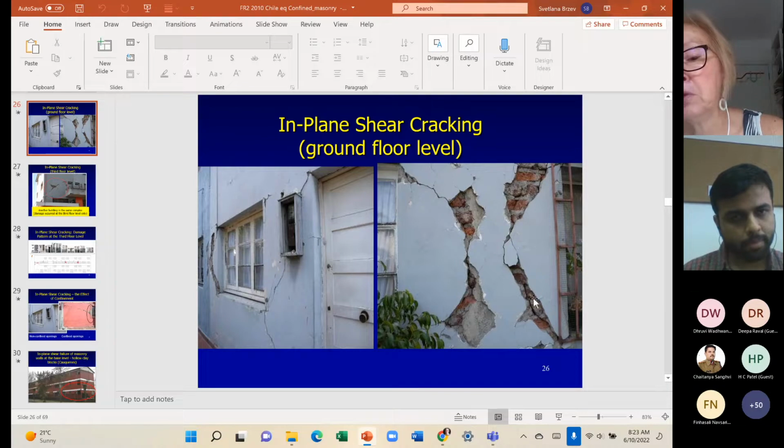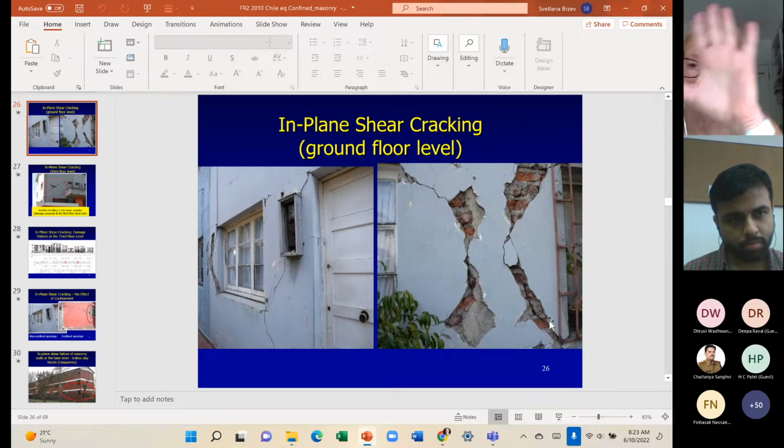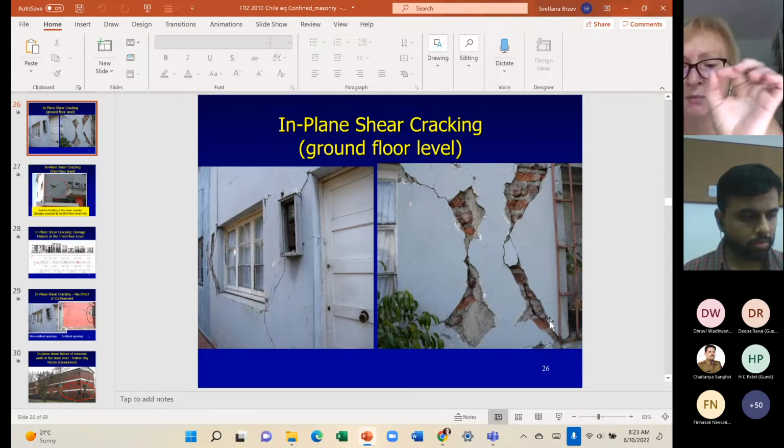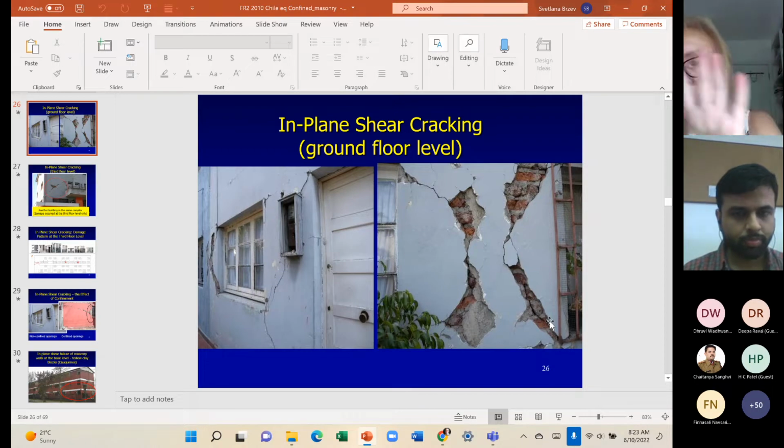It would be to possibly grout this crack, but more importantly, to apply wire mesh and reinforce this, because this is shear cracking. If you apply wire mesh, attach it to the wall with some anchors, and then apply either shotcrete or some 5 centimeters of fine concrete, that would be the repair technique.